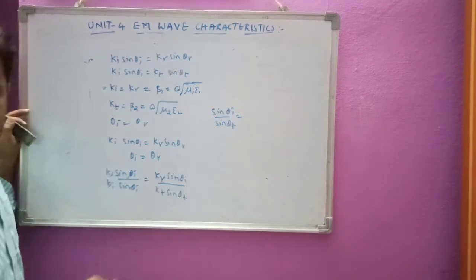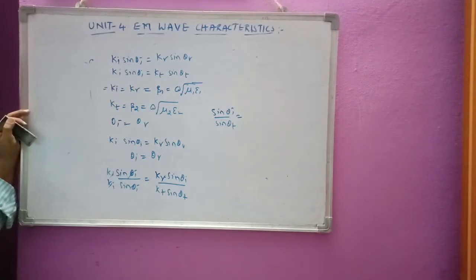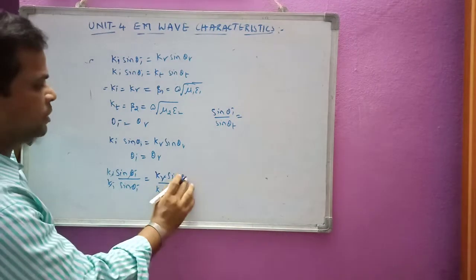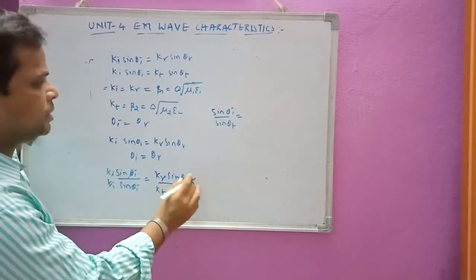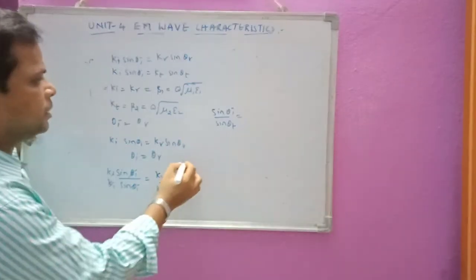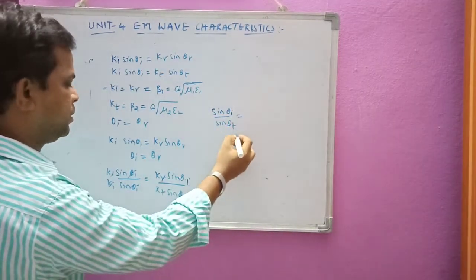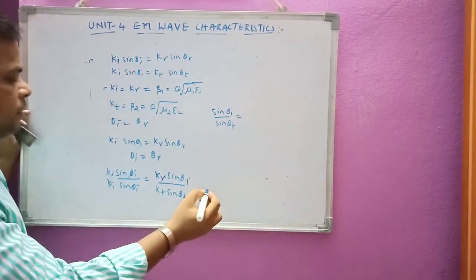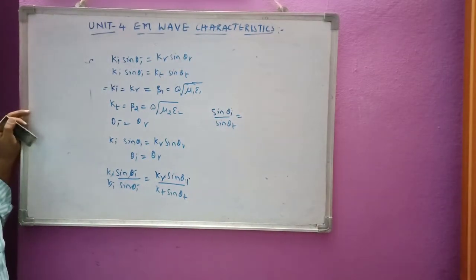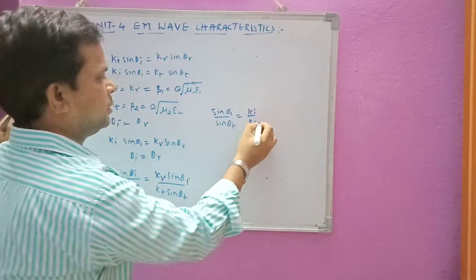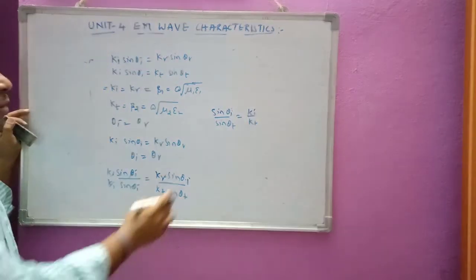Here we are going to consider kr as ki, since this reflection is actually kr. So that is equivalent to ki by kt.